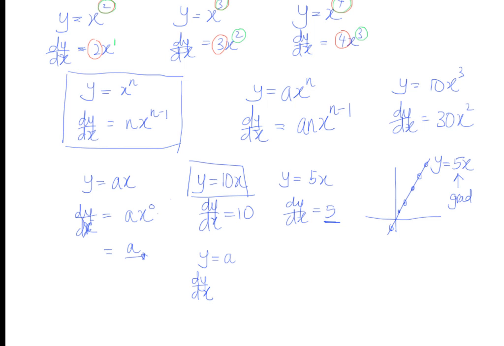Now you need to understand or imagine, you really got to try to use your imagination, that this a has got no x. Not true actually, because it actually has an x, but it's x power 0. That's what we saw here. A multiplied by x power 0 gives us a, because anything to the power 0 is 1.